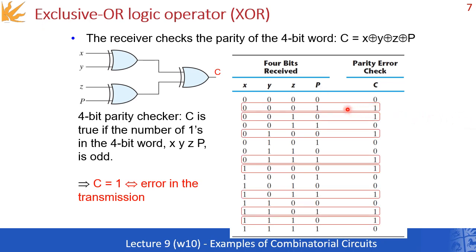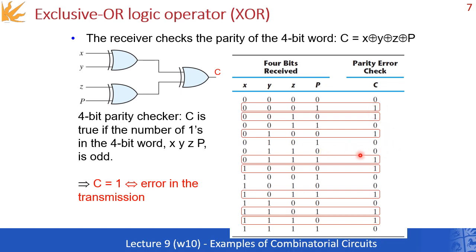So the possible errors that can be received on the other side are marked here with a red highlight. Everything else implies that the bit stream received on the other side might have been correct. As always, if you have one error happening, then you can detect it with the parity error check.